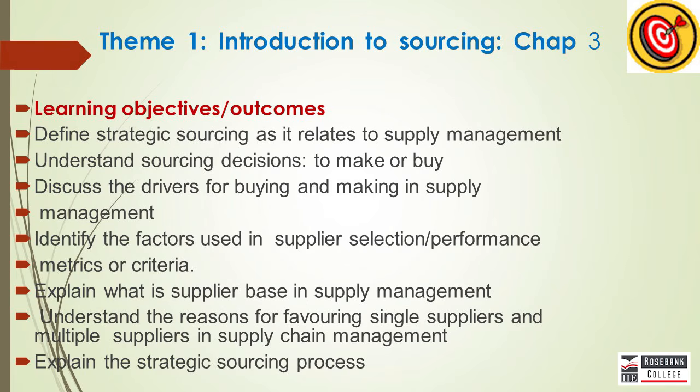We are going to be explaining the supplier base. We are going to be understanding the reasons favoring single suppliers and multiple suppliers in supply chain management. We are going to be explaining strategic sourcing, to mention a few.